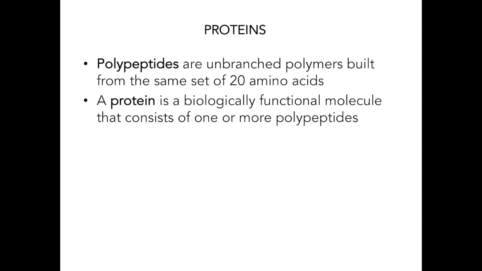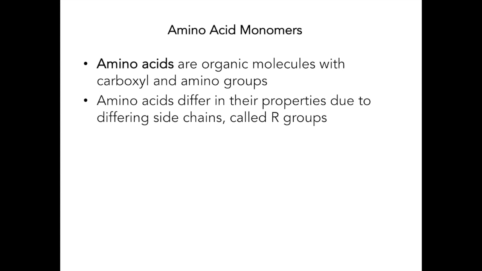And a polypeptide is sometimes used interchangeably with the word protein, but a protein is a biologically functional molecule that may consist of one or more of these polypeptide chains. So hopefully the next couple of slides will clear up a little bit of these words I'm introducing here.